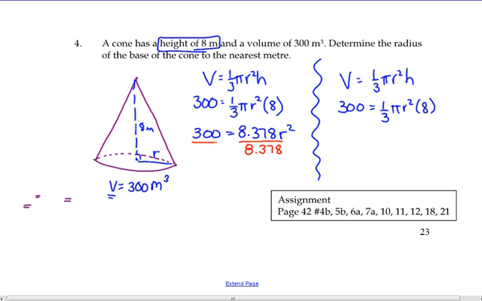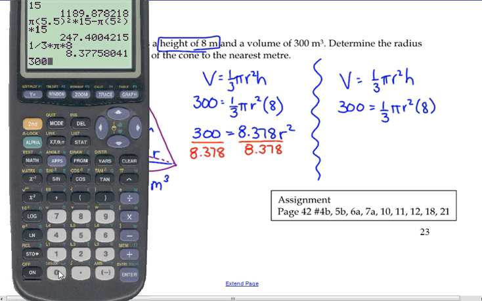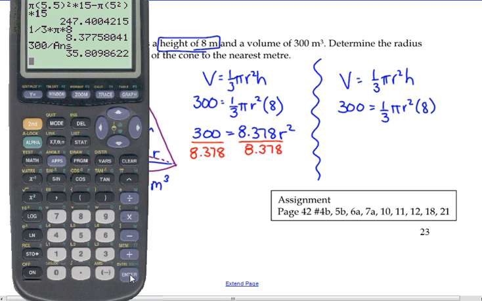by that number. Now, in your calculator, we want to use the exact value. So 300 divided by second negative, our previous answer. 35 point. That's why I use second negative. We're writing down a few digits, but we're actually going to use the exact in our calculator.